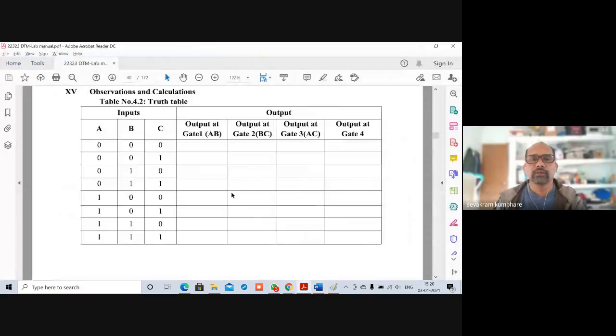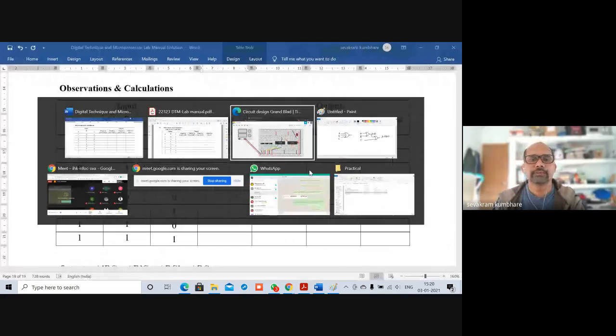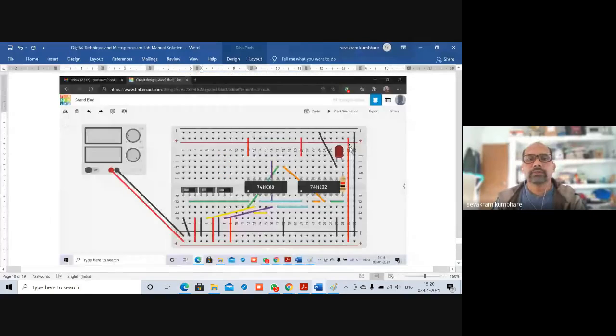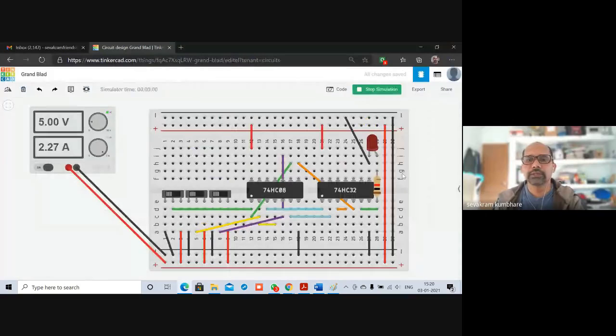So let's see in Tinkercad. Now let me simulate it. Okay, so I have copied that. Now let me simulate it, run simulation. So now all the inputs are 0 0 0, and I have not checked what is the status at gate 1 and gate 2 and gate 3.